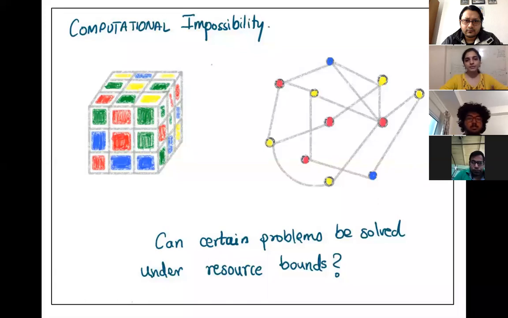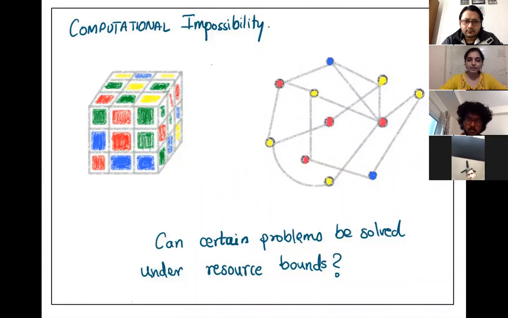So usually when we move from mathematics to slightly computational questions, one important aspect that changes is that in computation, you are given certain resource bounds for performing certain tasks. And often to optimize those resources is the name of the game.